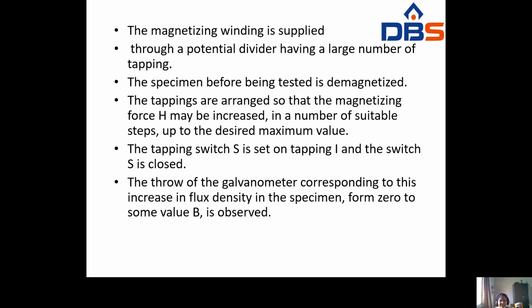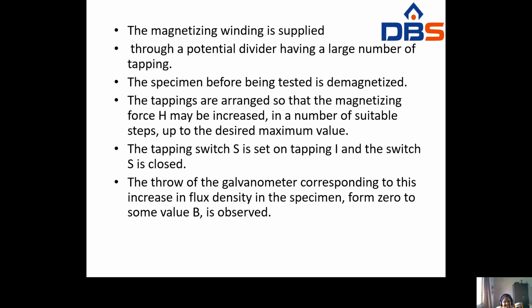See here, the magnetizing winding is supplied through a potential divider having a large number of tappings. I already explained that in the diagram. Similarly, the specimen before being tested is demagnetized.